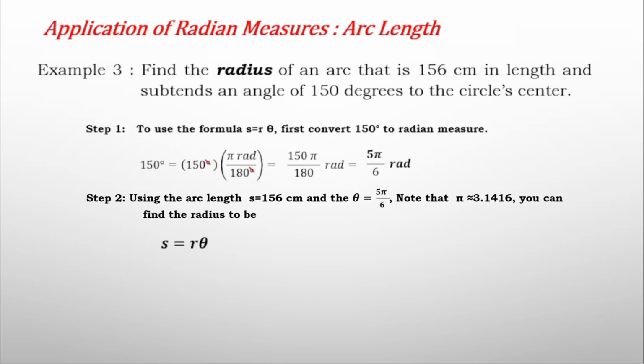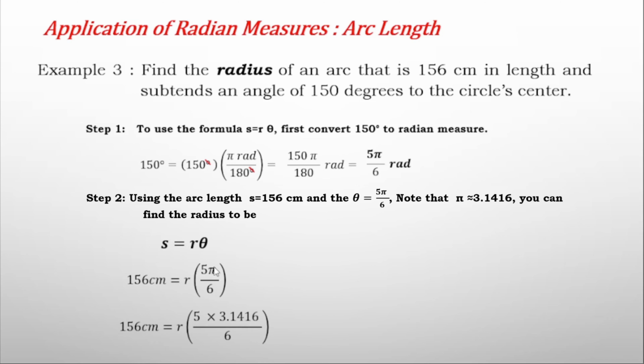All we need to do is substitute the value of s, which is 156, into the equation, and also substitute 5 pi over 6 for theta. So we have 156 centimeter is equal to radius times 5 pi over 6.